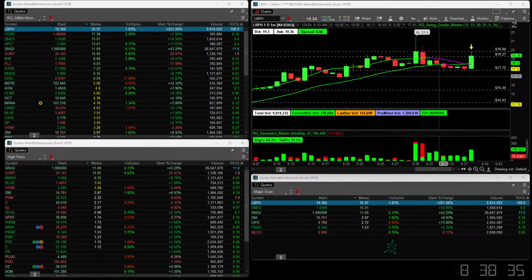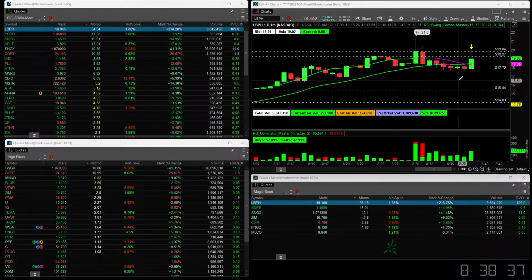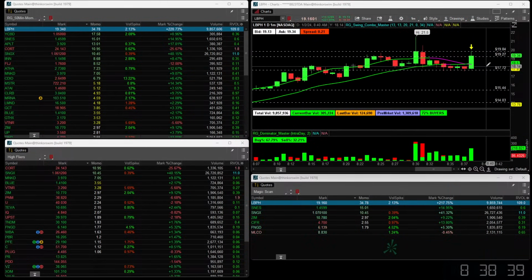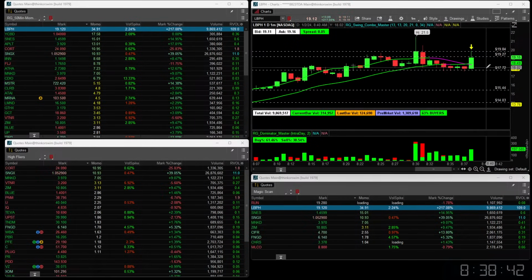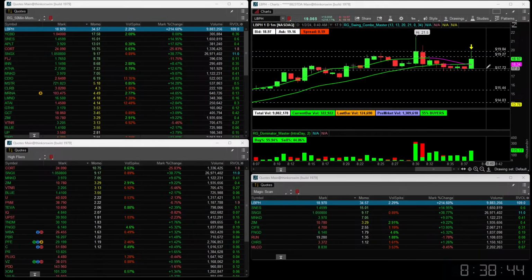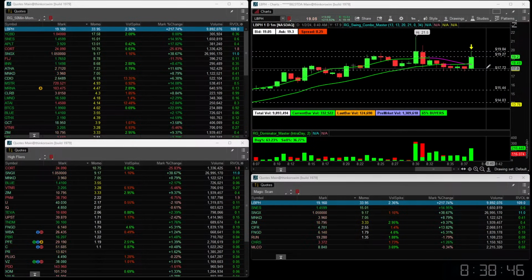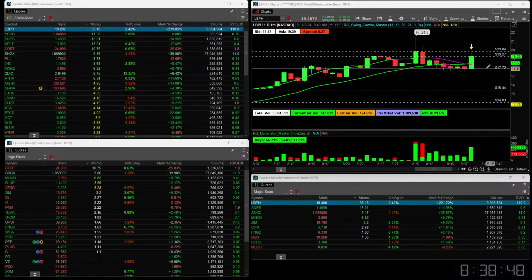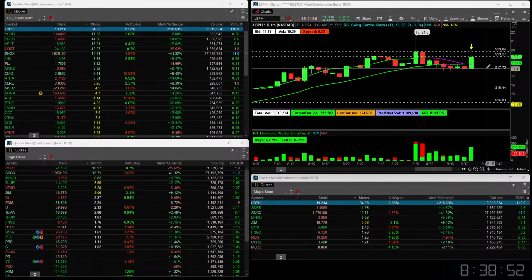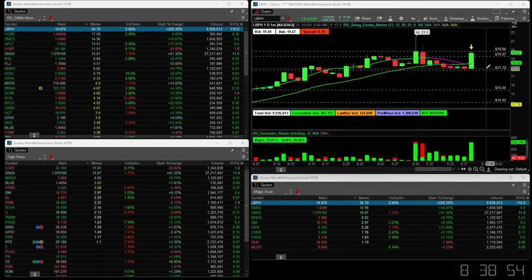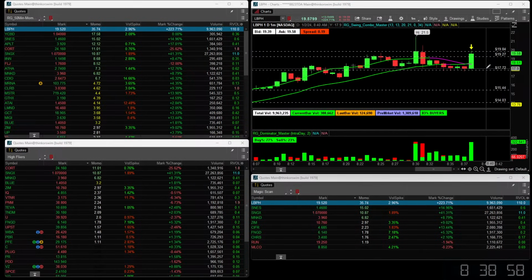It would have been a lucky guess down there at the bottom. That breakout was no warnings whatsoever. I kind of knew it was going to break out, but I wasn't certain. That's why I didn't click off of it.